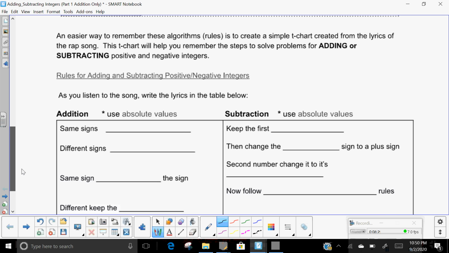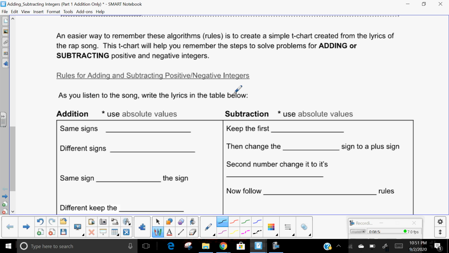And this T-chart is going to help you remember the steps so that you can solve problems for adding or subtracting positive and negative integers. So what we want to do is listen to the song again and write down the lyrics.